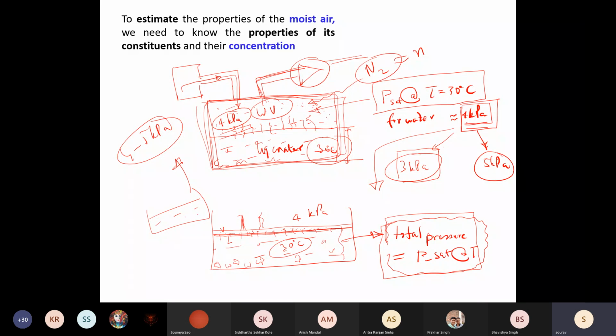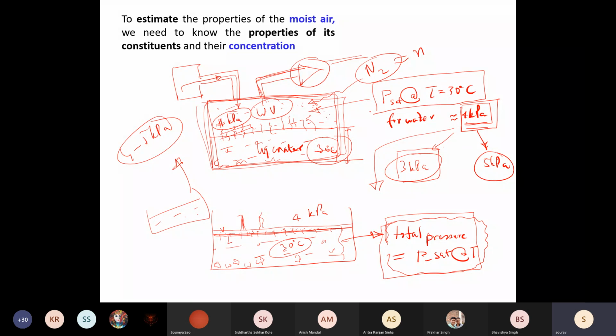Okay. But in all other cases, you will have evaporation continuously happening because this partial pressure, this 4 kPa, is maintained because of continuous evaporation and condensation at the liquid vapor interface, right at that top surface.